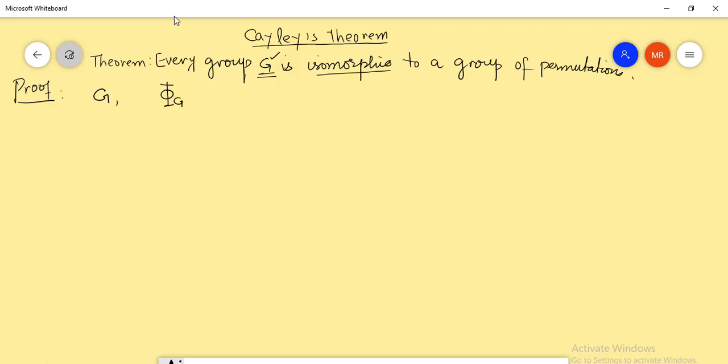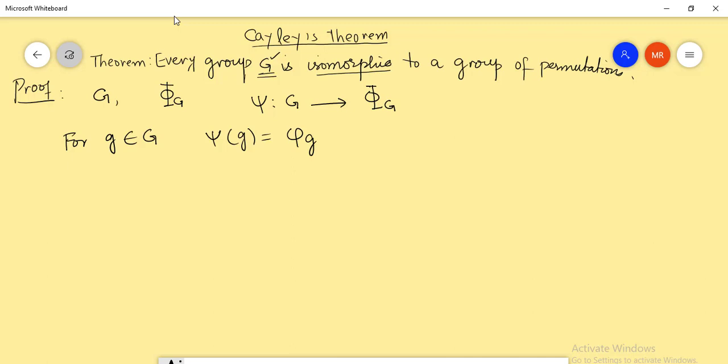So the only thing that we need to prove is that there exists an isomorphism from G to phi(G). We define a mapping psi from G to phi(G) as follows: for any g belonging to the group G, psi of g is equal to phi_g.